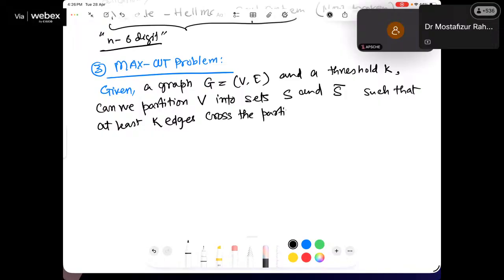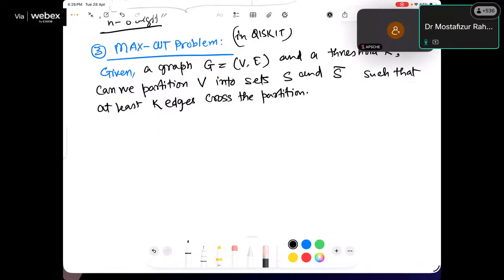There is a good tutorial in IBM Qiskit. Please have a look. You just type in Google max cut problem in Qiskit. There is a detailed tutorial using a lot of examples for the quantum part of this max cut problem. For the TSP problem also there is a Qiskit algorithm in quantum, so you can have a look at how to solve the TSP problem using a quantum algorithm.